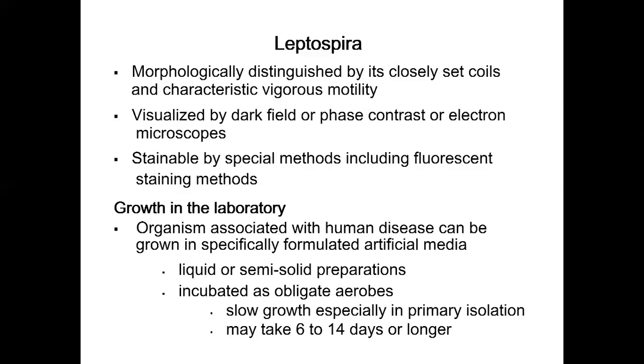It is visible if one uses dark field microscope or phase contrast microscope or electron microscope. Again, it is said to be the narrowest or the smallest. But it is also stainable by special methods, one of them being the fluorescent staining methods.